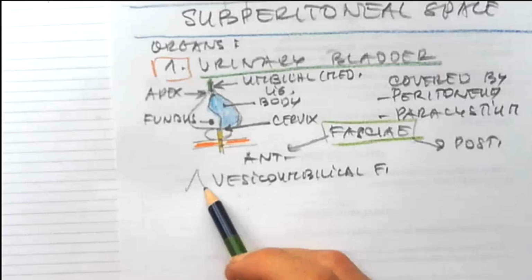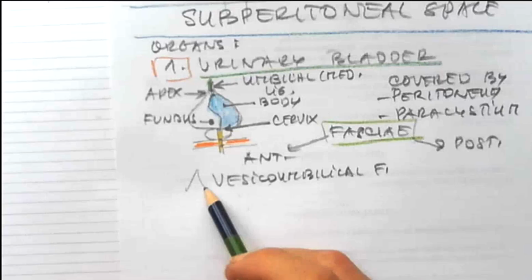One is called the vesico-vaginal septum, and the second one is called the rectovesical. We will draw a diagram, rectovesical.